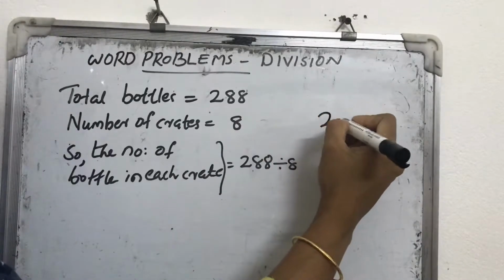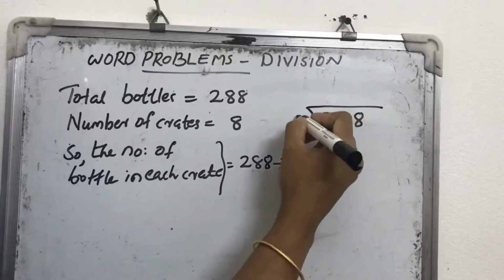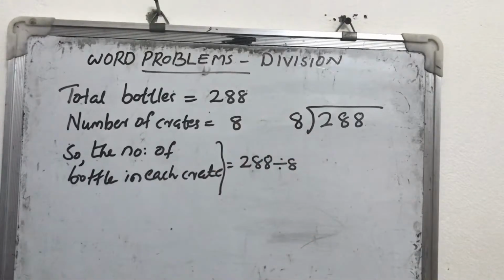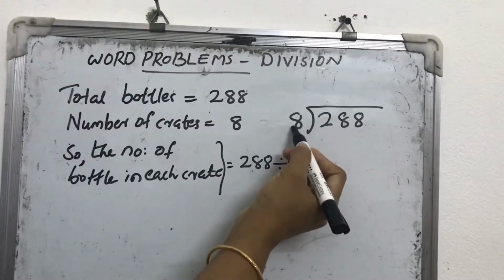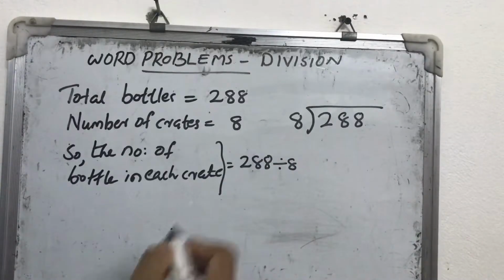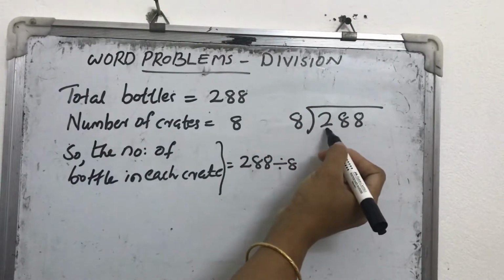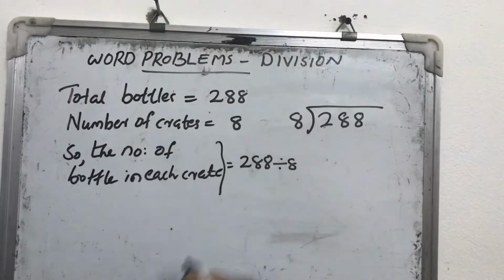We already know how we divide a number by a single digit number. Here the dividend is 288 and the divisor is 8. So how will we start that division? First we start from the first place, that is 2. 2 divided by 8 is not possible because 2 is smaller than 8. So next we take the next digit. Then including that digit we can take this number as 28.